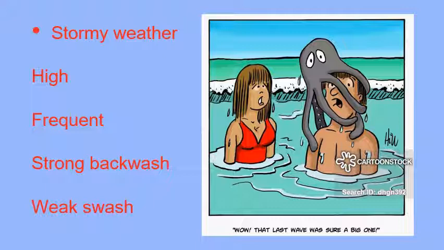So when this destructive wave breaks against the coastline, the movement of the water up onto the beach is not very much. But the pull of that water back into the ocean is tremendous.